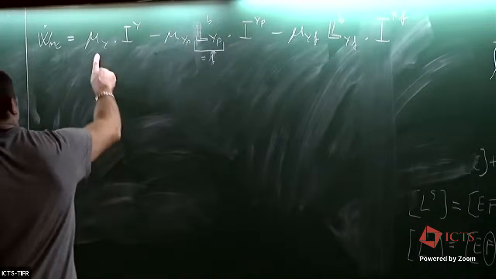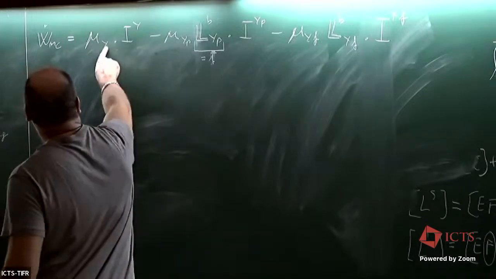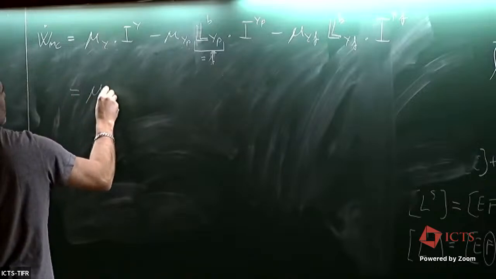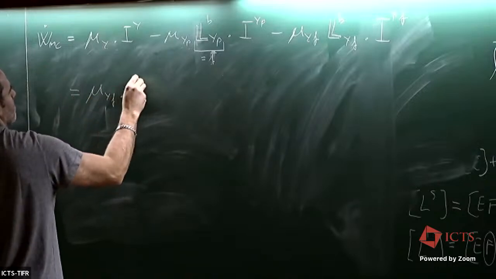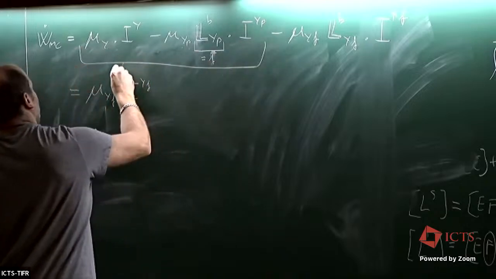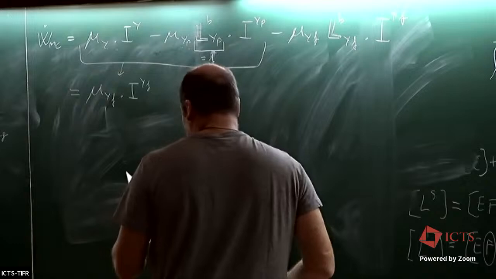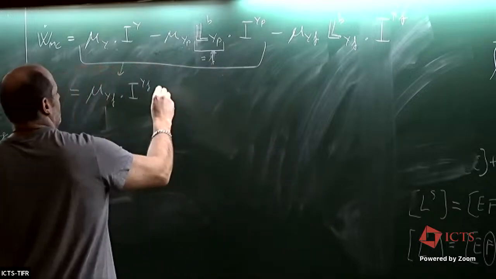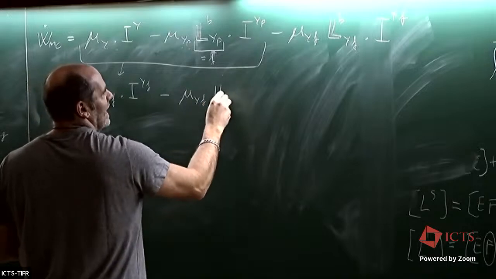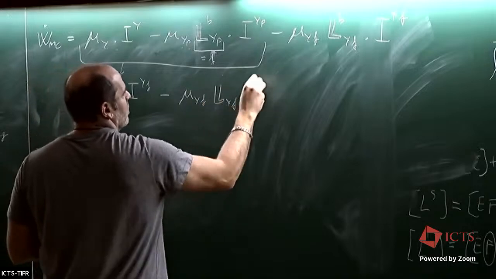So that now this minus this is all the y's, this is only the yp, so this becomes the yf. So these two things together go here. And minus mu yf L yf yf.